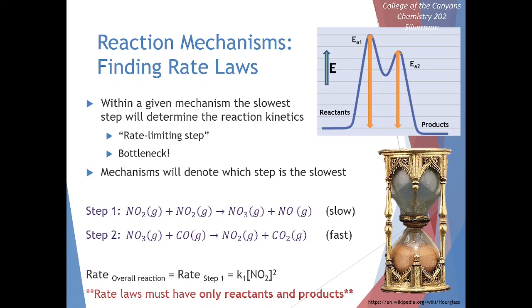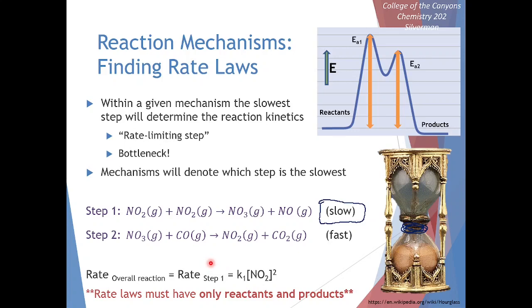Here we have that example from the previous slide. If we have these two steps of our mechanism, part of the mechanism is to display which step is the slow step. Right? That step is going to be the bottleneck in our reaction, and is going to dictate how fast the reaction can go in general. What we can say is our overall rate of the reaction is equal to the slowest step in our reaction.